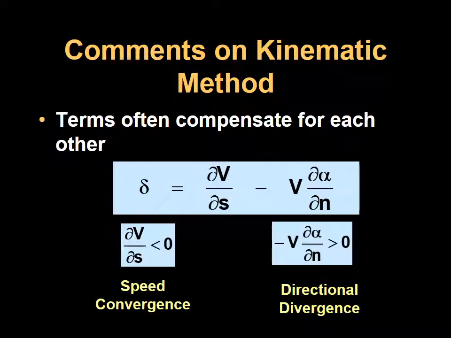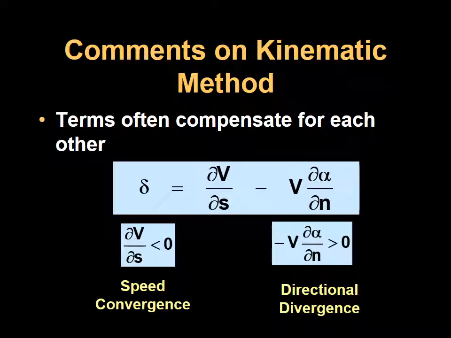So they offset each other. That's the problem. When the isobars or the contours are coming together, that is directional convergence, but the speed will increase, and that's speed divergence, or vice versa. If you see the contours or isobars spreading apart, you know that the wind will slow down. That's speed convergence. But of course, the spreading out of the isobars means that you have directional divergence.